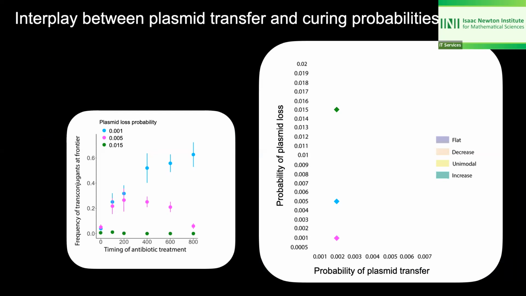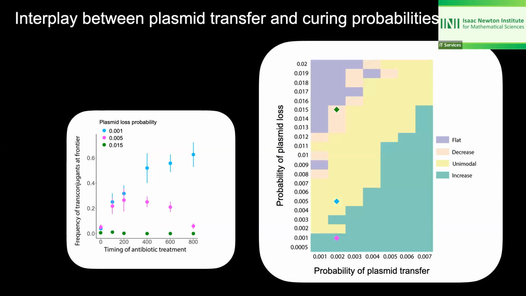So we can go through this more systematically and examine the entire space of probability of plasmid loss and plasmid transfer. And indeed, you can get any possible outcome depending on these two parameters. When plasmid transfer rates are high relative to plasmid loss, you're dominated by these monotonically increasing relationships.